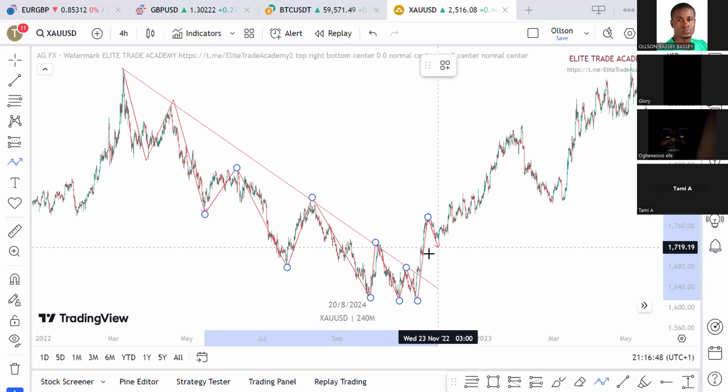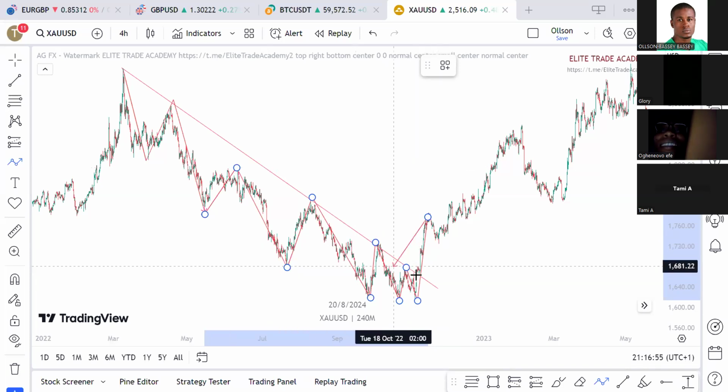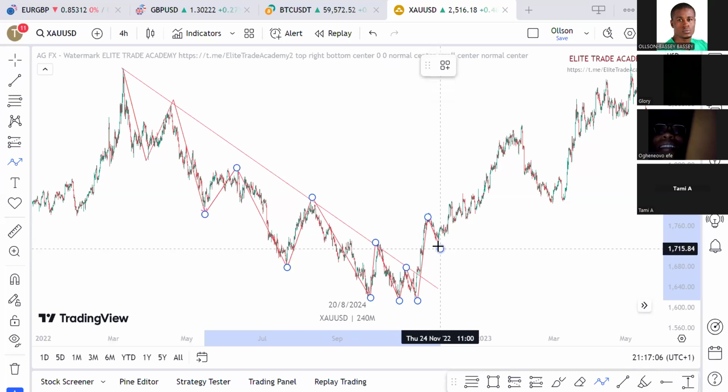So you can see here that price has taken out the trend line, and it has also taken out a previous higher low, now creating what? A higher high. Now you can see that the market created a lower high. Why is this high called lower high? Because it's higher than the previous low.